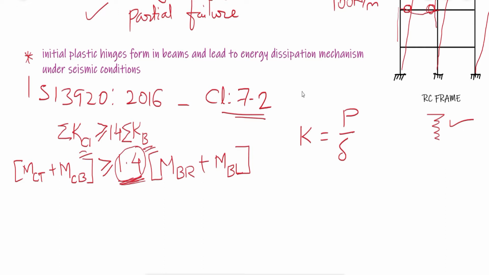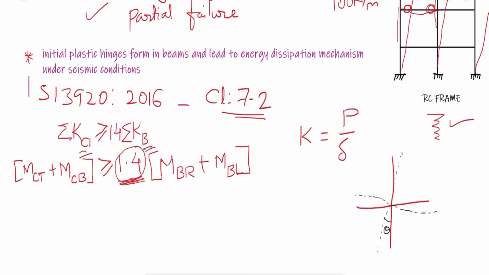At a particular joint, here I am considering a joint. Here, this is the elastic curve. So here I am going to see a rotation, that is theta, and I am not bothered about the point load currently.